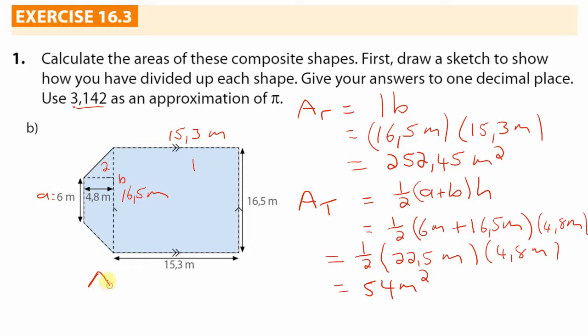So now we can obtain the area of the composite shape. It is simply adding the area of the rectangle to the area of the trapezium, which is 252,45 square meter plus 54 square meter.